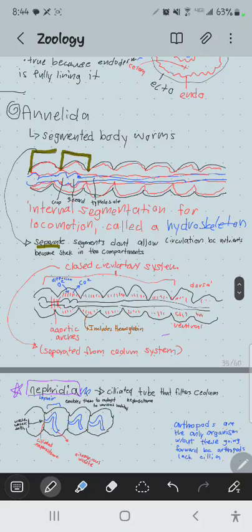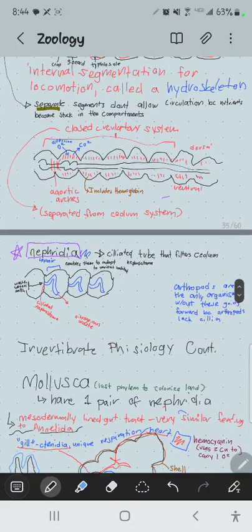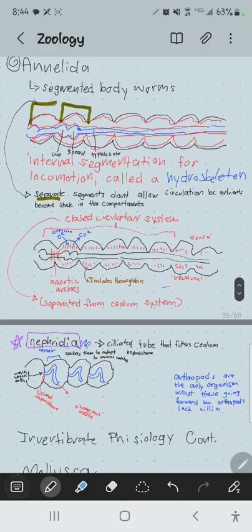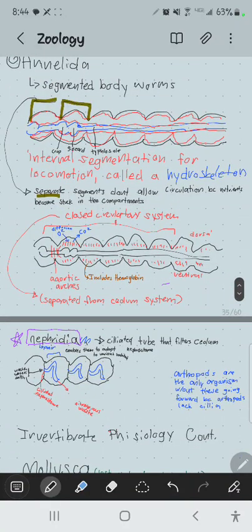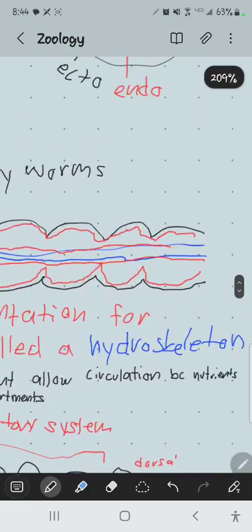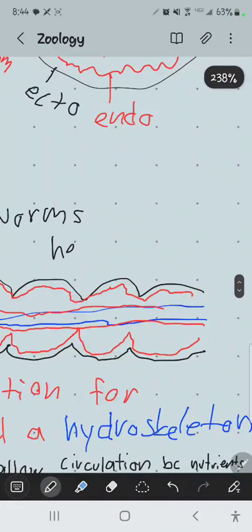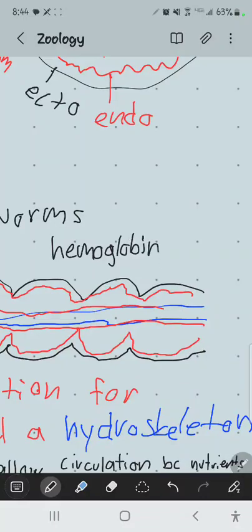And then that was contrasted with the mollusks that had a gill, the ctenidia, and they also had a respiratory pigment, hemocyanin. So they had similarity, meaning they have a circulatory system where the pigment carries oxygen. The mollusks had a gill, the ctenidia, versus the annelids did not have a gill.